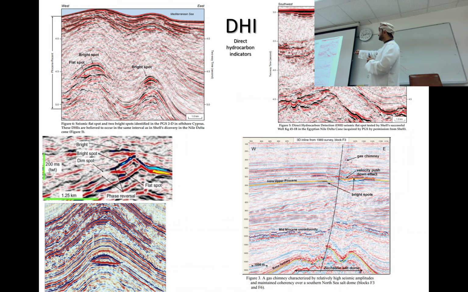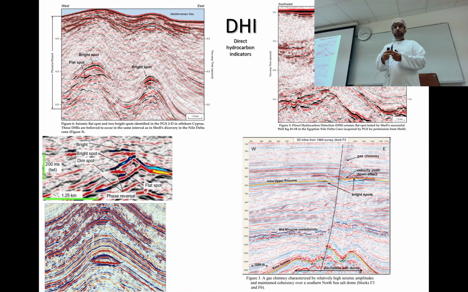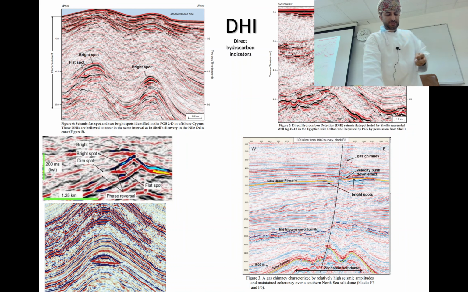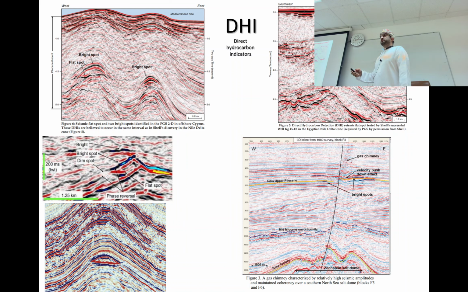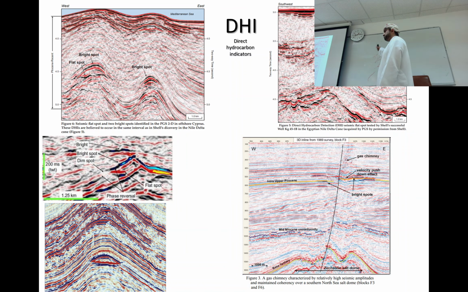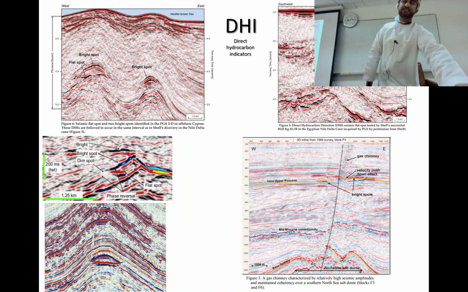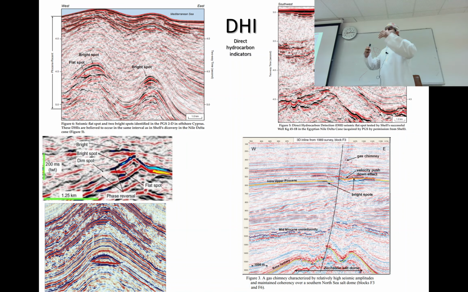So in terms of colors, red probably depends on the standard you are using. Is it American or European standard? Red means strong reflector and high reflections, whereas black means a negative strong reflector, moving from a soft rock to a hard rock.